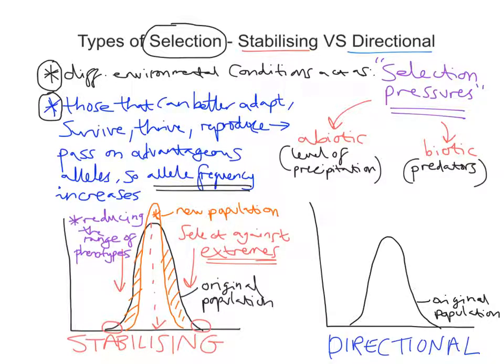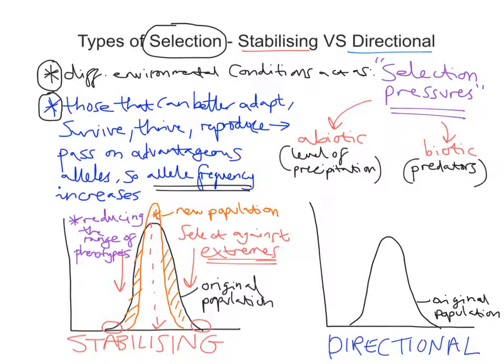Now over time, what you see is the mean shifting in the direction of these individuals who possess a phenotype that's actually more suited to the new conditions. They will survive, thrive, reproduce, and pass on their alleles. And we find that this kind of selection happens in fluctuating populations.